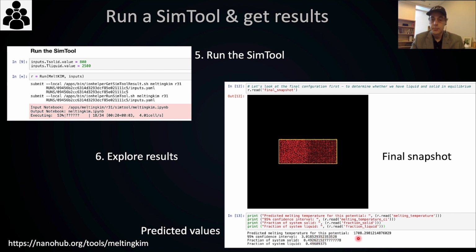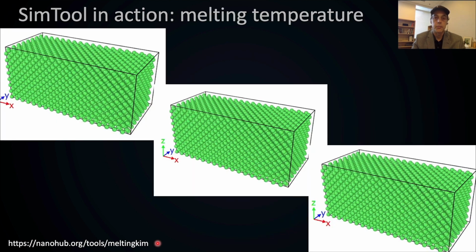In this case, we get the value of the predicted melting temperature, a confidence interval, and some results that indicate to the user how well converged that simulation is. If you're interested in exploring this SimTool, here's the link. You can go and run it for yourself.